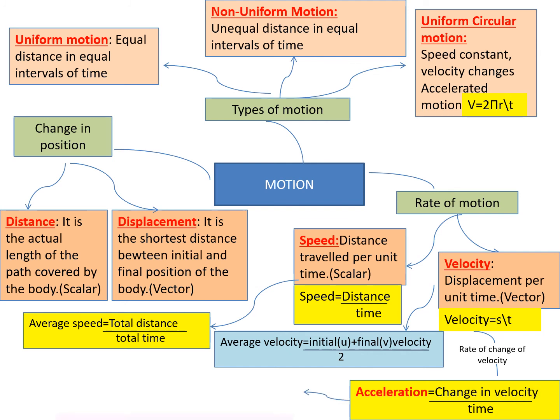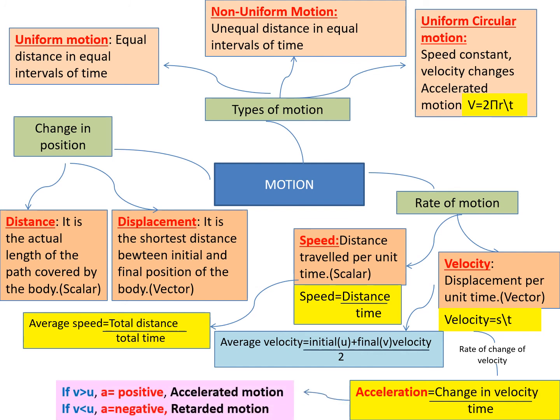Okay. Now acceleration ko we can categorize in this way. See, if final velocity is greater, see, formula is v minus u, right? So if final velocity is greater, acceleration is going to be positive. Whenever you are in a motion such that your speed is increasing, you tell it that it's an accelerated motion. But if suddenly brakes are applied, then what would happen?